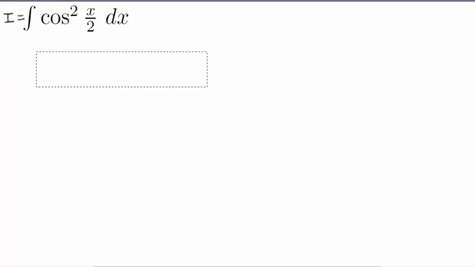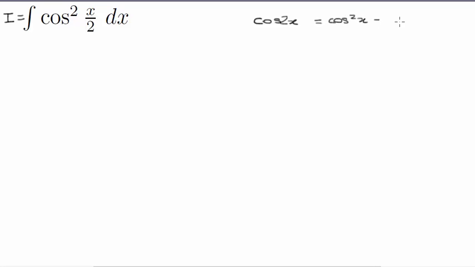Typically when we have problems like this, just as those we've encountered in extension 1, we look to the double angle formula of cosine 2x. We know from our double angle formulae that cosine 2x is equal to cosine squared of x minus sine squared of x.